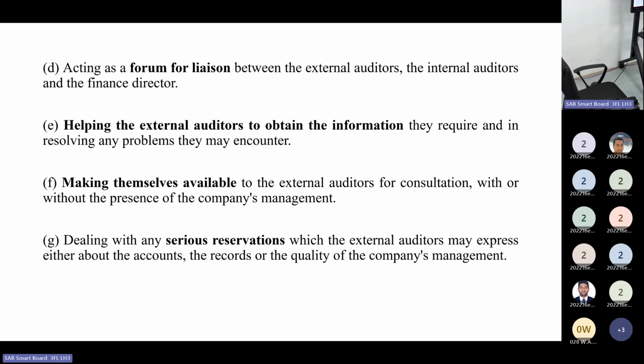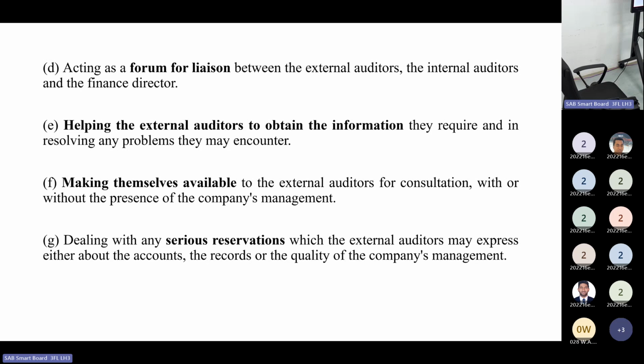These are the main things from the external audit perspective that they have to do. So what are the areas that we covered on the audit committee? What was the first one? The first one was ensuring the financial reporting and management controls. Second was internal controls. Third, risk management.